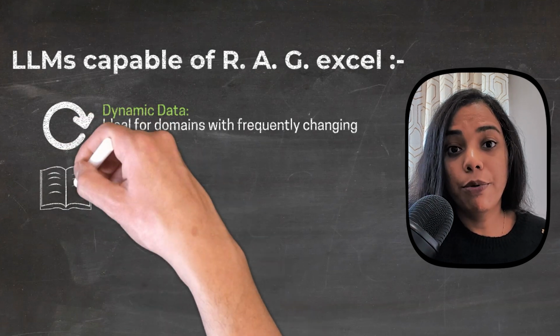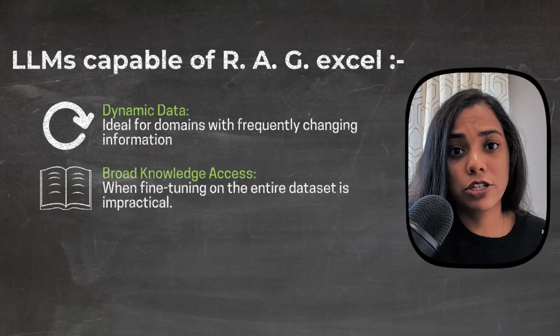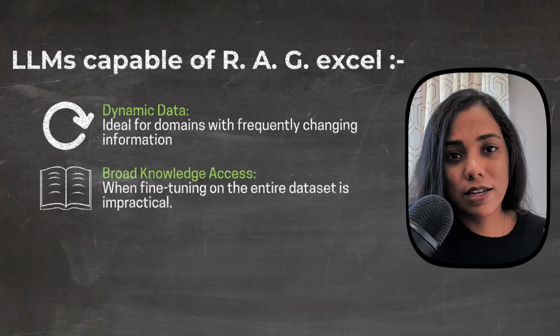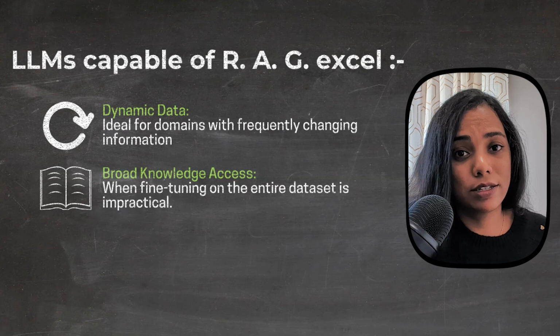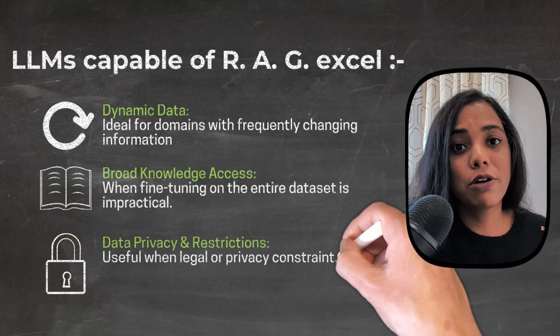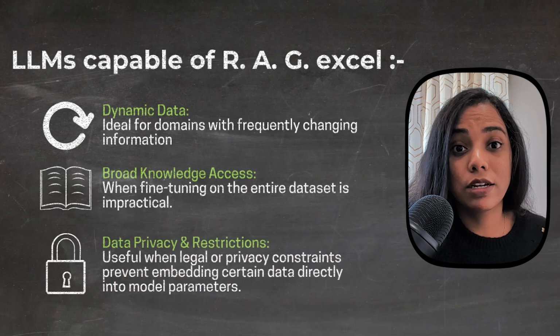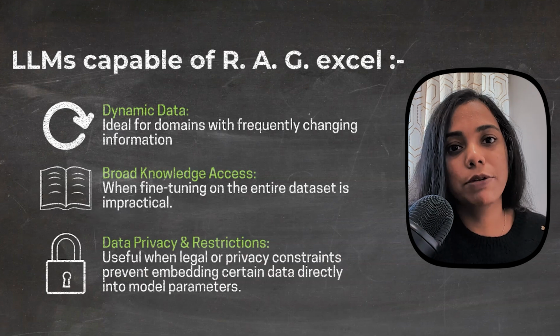Also, if you have a broad knowledge base, like a large corpus of documents, fine tuning on all of this data is very hard. So RAG allows you to tap into these documents on demand. And if you have restrictions that you cannot legally incorporate certain data into the model parameters, then RAG is a way to keep it separate.